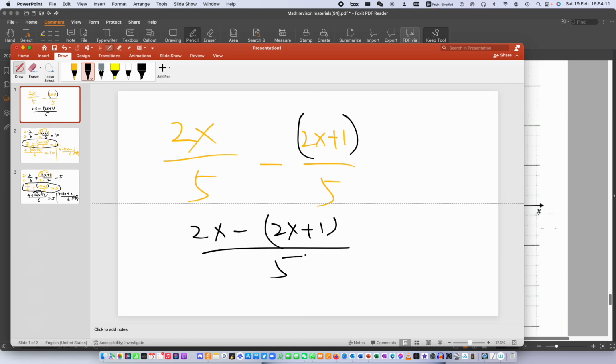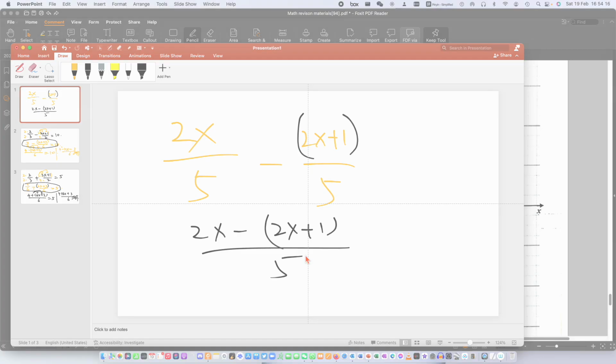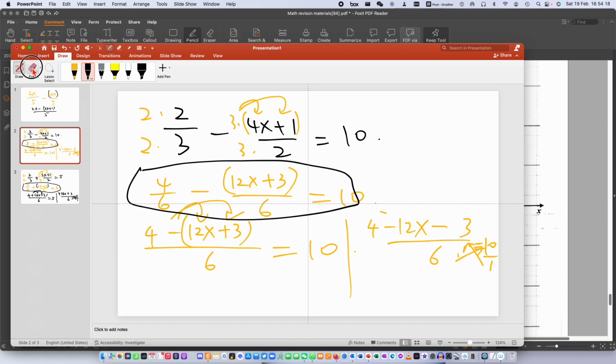Different denominator, what do you do first? Change the denominator first. When the denominator is not the same, 3 and 2, your first step is to change the denominator to the same thing first. Once you change it to the same, then you start to put a bracket. Are you clear? So nothing to do with minus or plus in front.